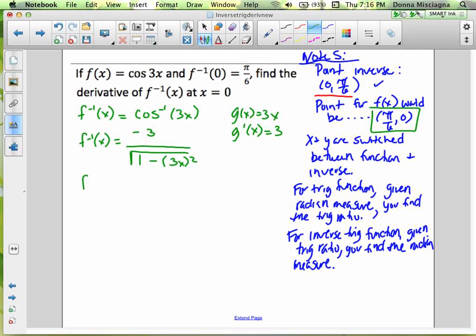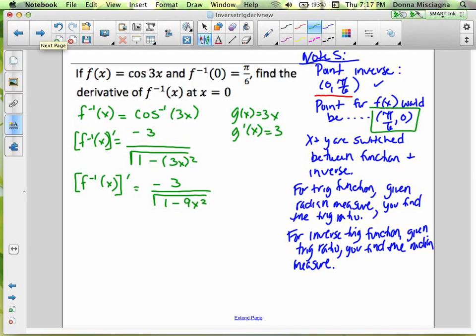So let's simplify that. We need our prime mark. I don't ever know where to put the prime mark when I've got the inverse. There, that looks clear. So the derivative of f inverse is equal to negative 3 divided by the square root of 1 minus 9x squared.